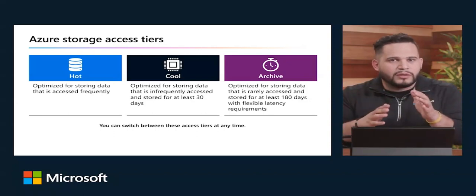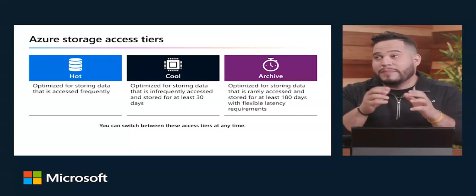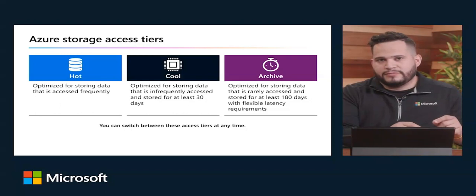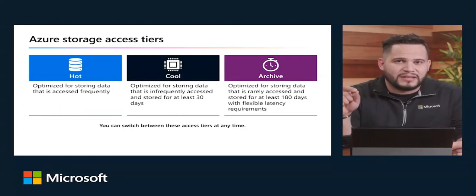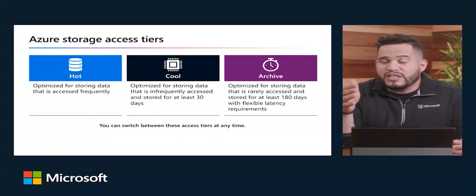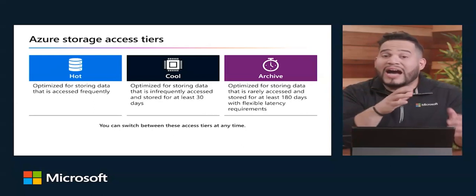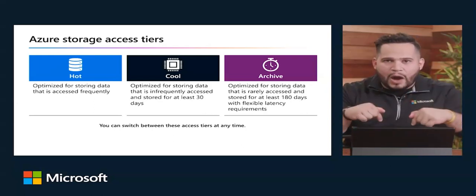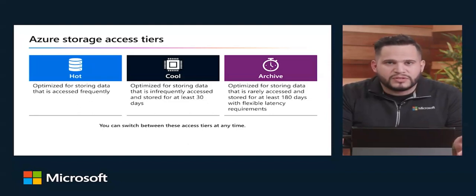Now, by default, when I create a storage account, the data placed in it goes to the Hot tier. The Hot tier is going to have the lowest latency, whereas the Archive tier is going to have the highest latency. So remember, hot access is data that we're using right now. This means things like images that we're hosting, because we are actively using those images.